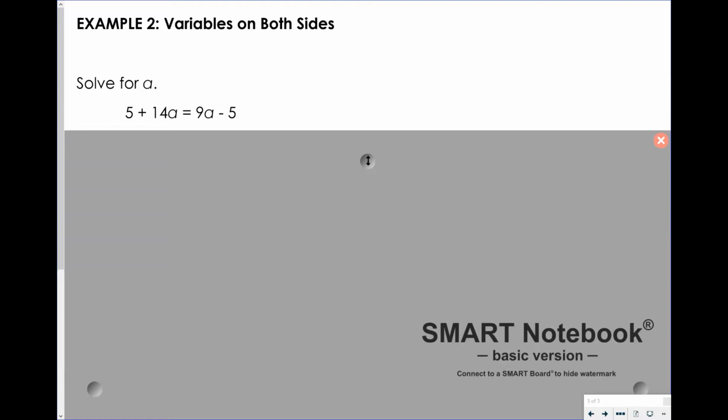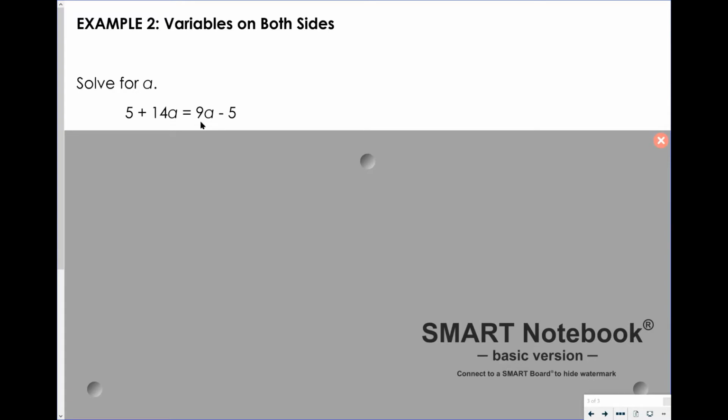So for instance, I'm going to do all of it. Where you see the 5, you could subtract 5 on both sides. Let me show you. You're going to subtract 5 here, and then subtract 5 right here. If you want to, take away the 14a: minus 14a here, minus 14a here.